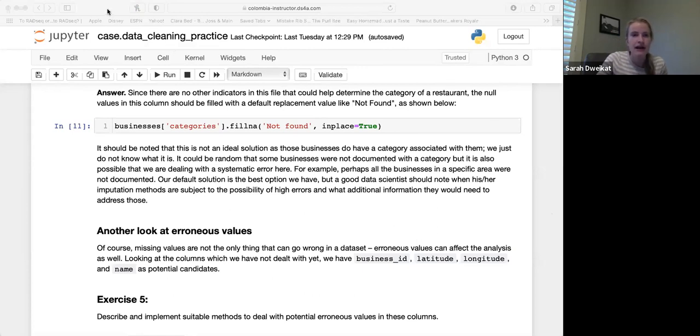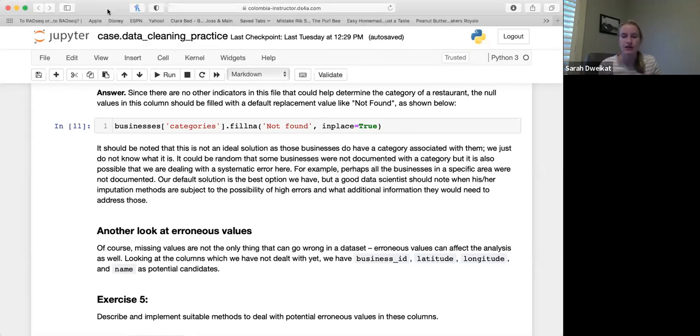A lot of people are saying latitude and longitude, and that is correct. So for exercise 5, think about how we could deal with erroneous values for latitude and longitude. Let's take a couple of minutes and try to write the code for how you would fix that, to find any incorrect latitude and longitude values.